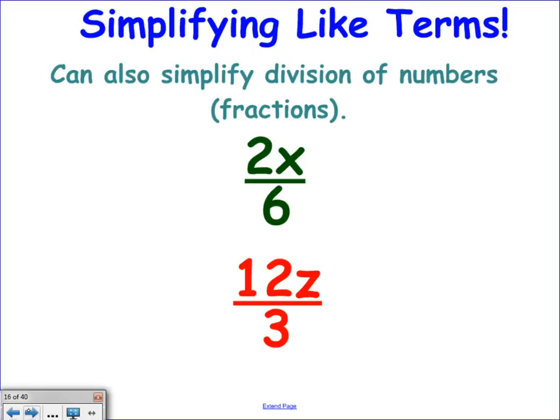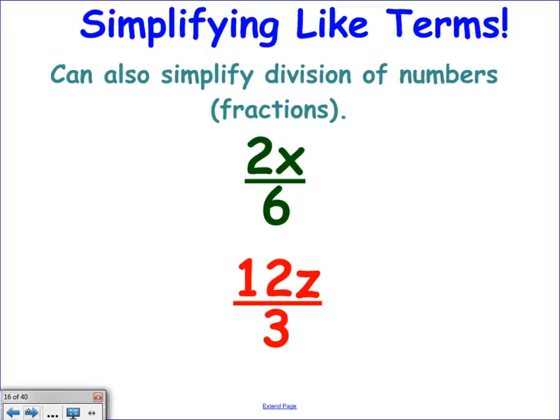Just in the same way that you can simplify things by adding and subtracting them, you can simplify algebra when you get this notation, and it's saying 2x divided by 6. That's what it means in algebra terms. But you can look at that and see something very familiar. What does it look like? A fraction. And we can simplify fractions, can't we?